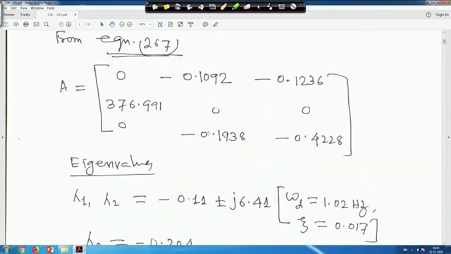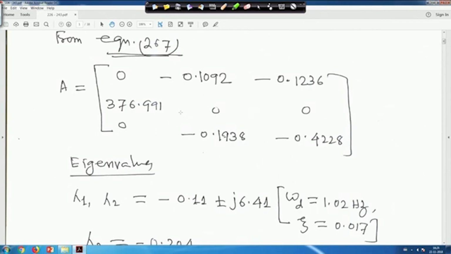Regarding matrices, if the matrix is real and symmetric, then the eigenvalues are real, right.